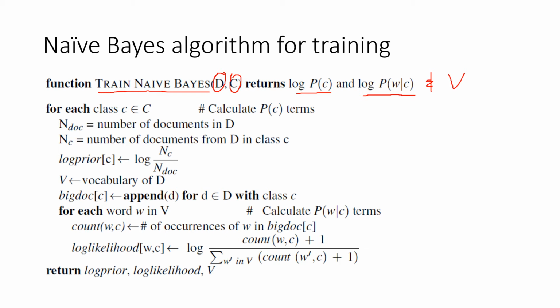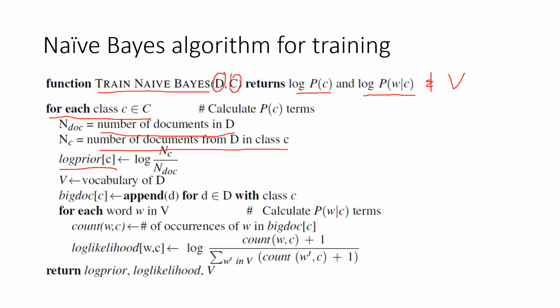So to calculate prior probability of a class, for each class C from the C set, we must define the variables ndoc and nc by counting the number of documents in D and the number of documents from D in class C to obtain the log prior for each class.